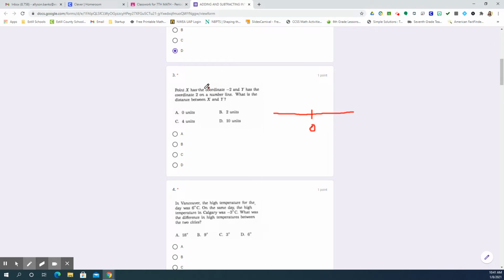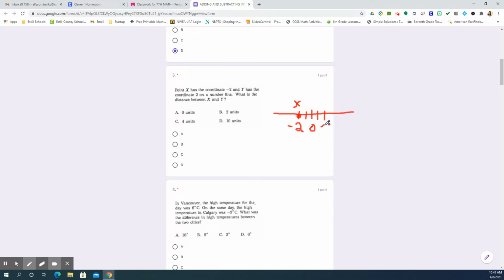Now, it says point X has a coordinate of -2, so I'm just going to say 1, 2. That's -2. And that is going to be my X. Okay. And Y has a coordinate of +2. 1, 2.